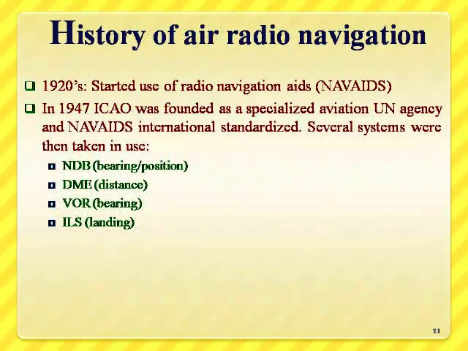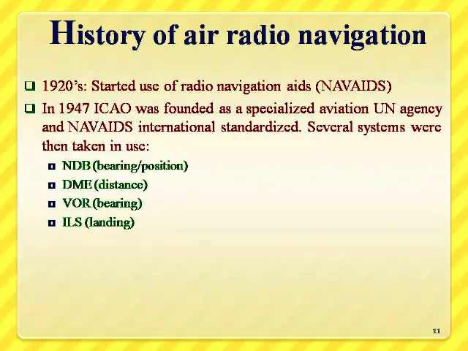Now the history of air radio navigation. In the 1920s started the use of radio navigational aids, or simply navaids. In 1947, the International Civil Aviation Organization, ICAO, was founded as a specialized aviation UN agency and navaids were internationally standardized.